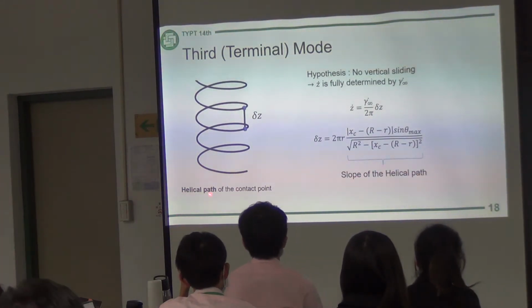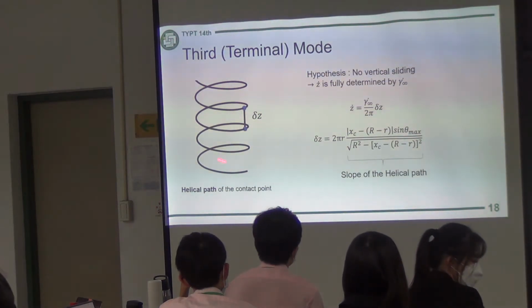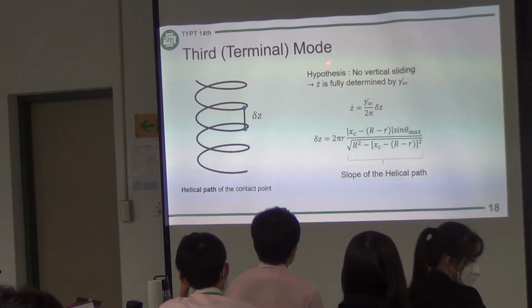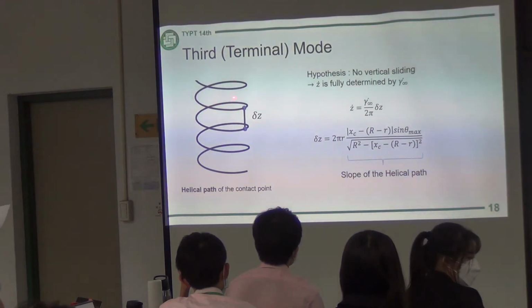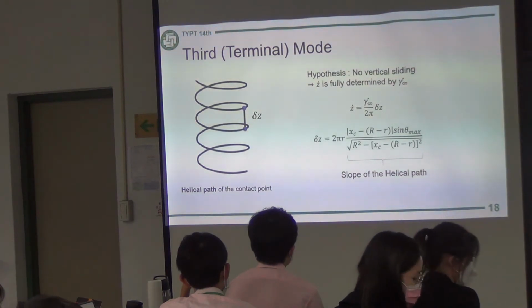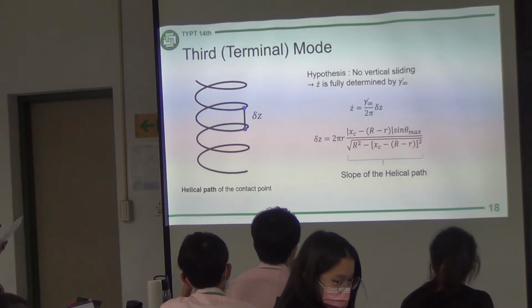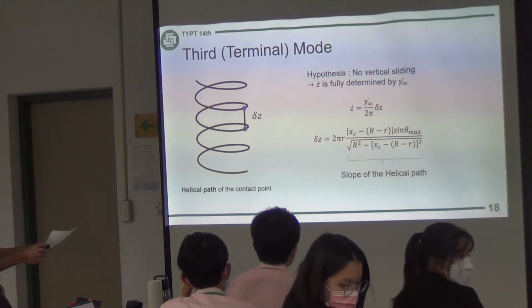So this is the helical path of the contact point. It is a spiral like this. Our hypothesis is that the washer in the terminal mode has no vertical sliding because the terminal angular velocity is bigger than the gamma dot slip.